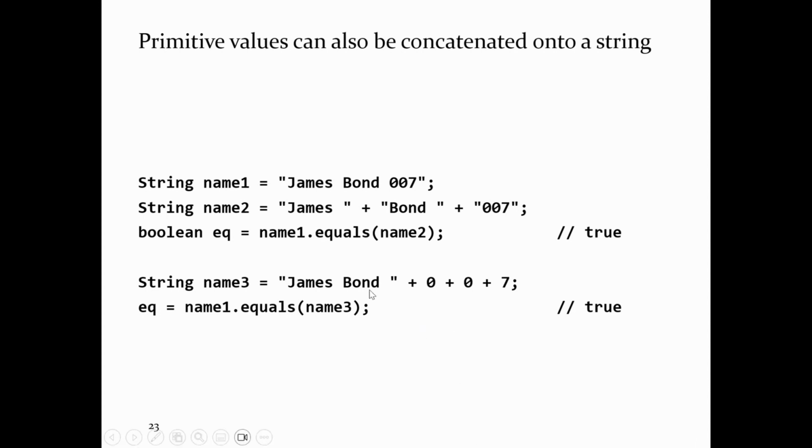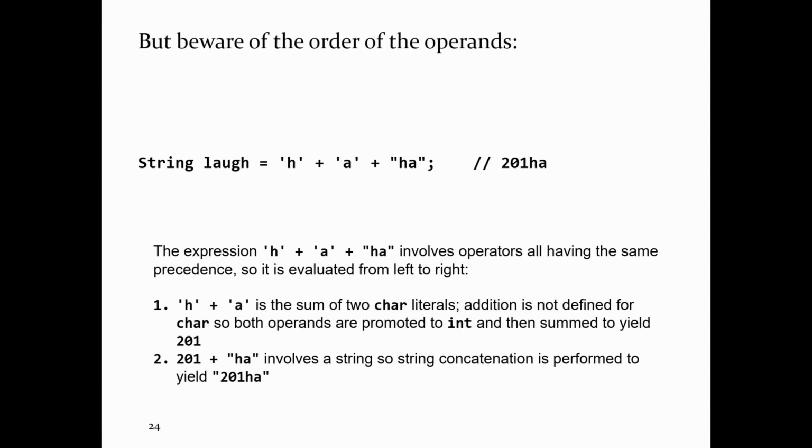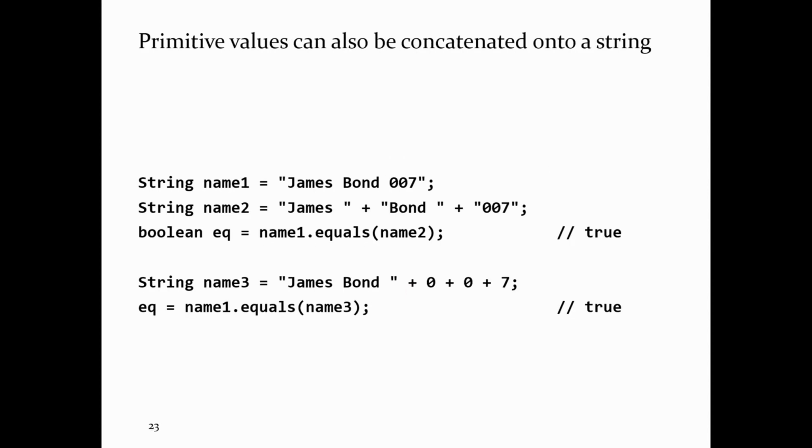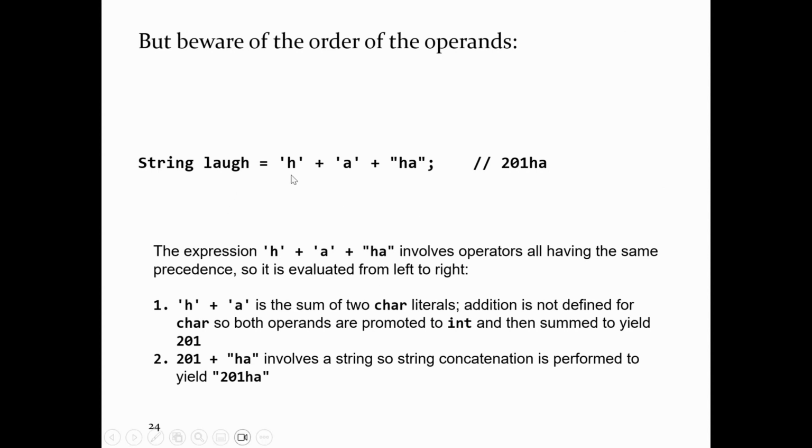You have to be careful in this case. The order of the operands here matters, because plus has multiple meanings in Java. If you have a string on the left-hand side, then plus means use concatenation. But if you have a char and a char, plus means compute the sum as an int.